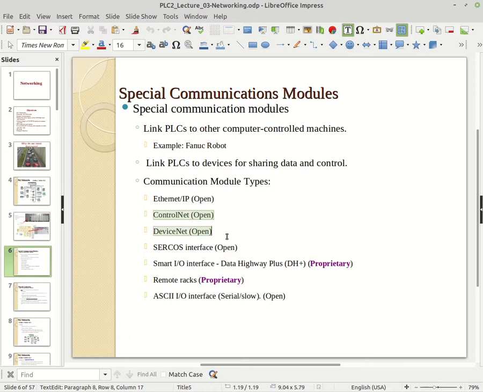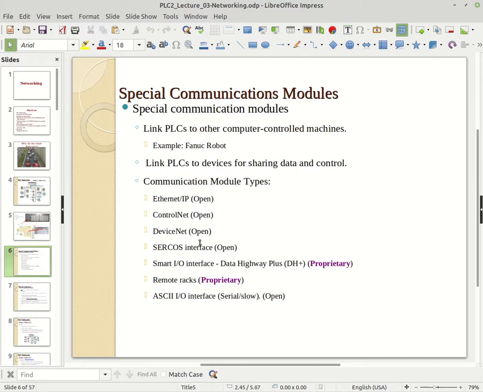Other networking, the rest of these pretty much here, ControlNet, DeviceNet, Circos, all of these have been developed specifically for communication between controller type devices and I/O in an industrial type network. Okay.